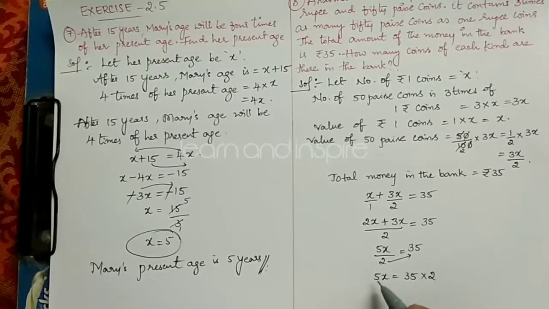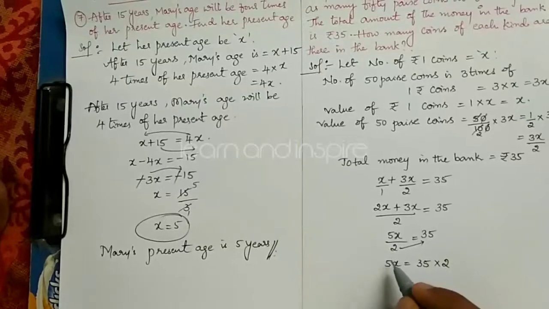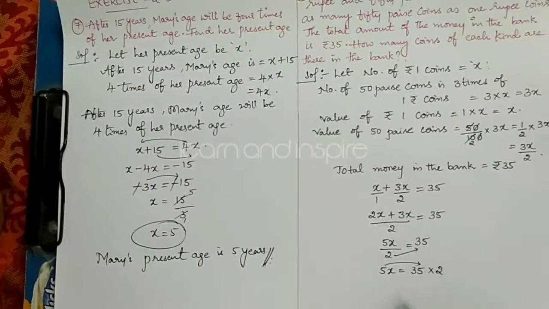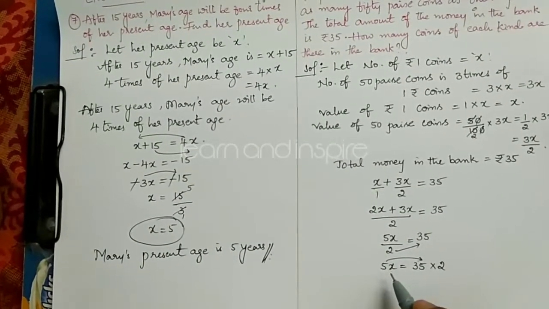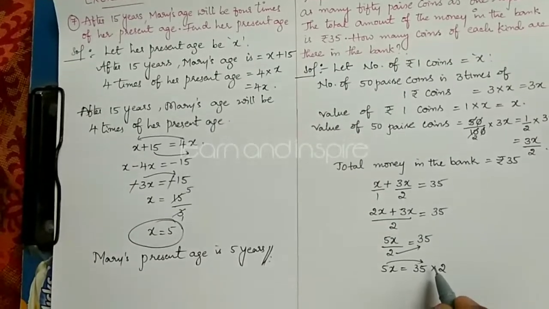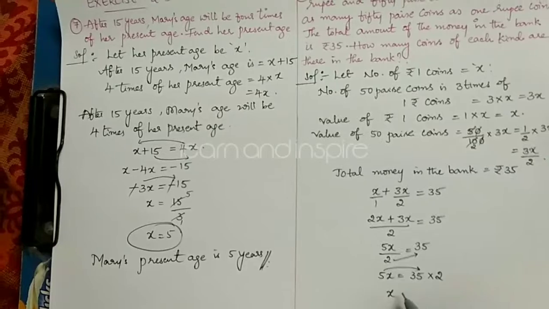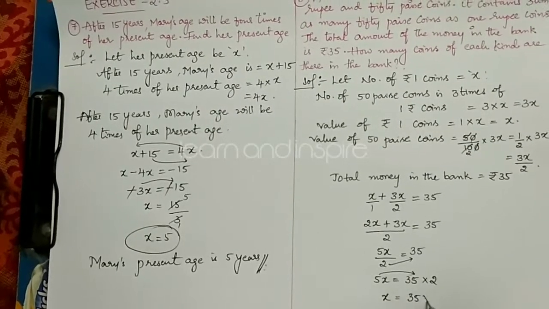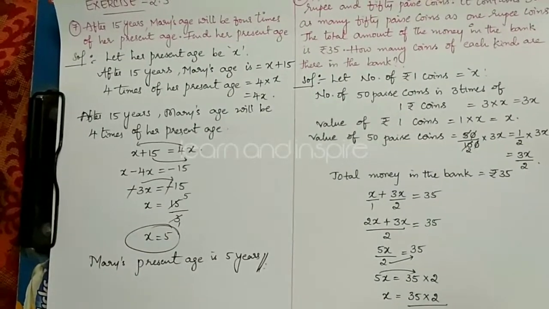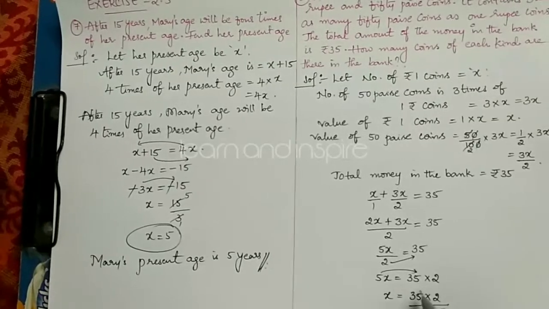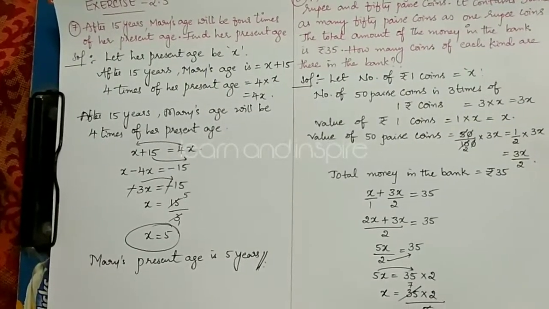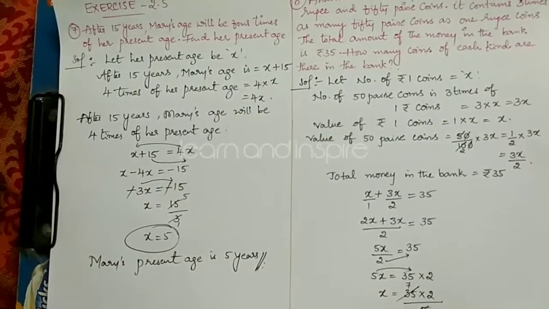Now by transposing this 5 to the RHS, because 5 is in multiplication, if I transpose multiplication to the RHS, it becomes a division. So then we get the value of x. x equals 35 into 2 divided by 5. 5 1s are 5, 5 7s are 35. x equals 7 2s are 14.